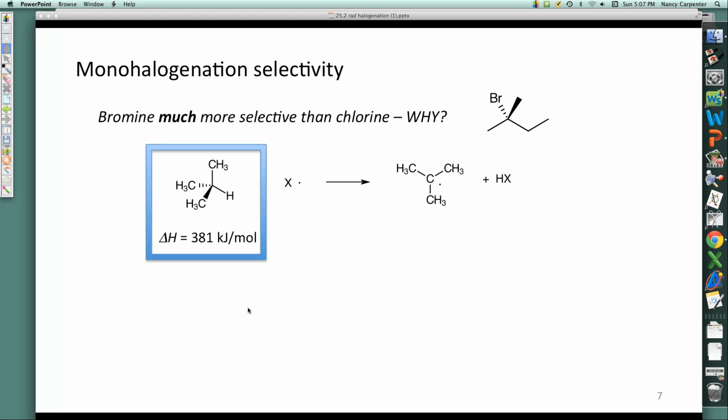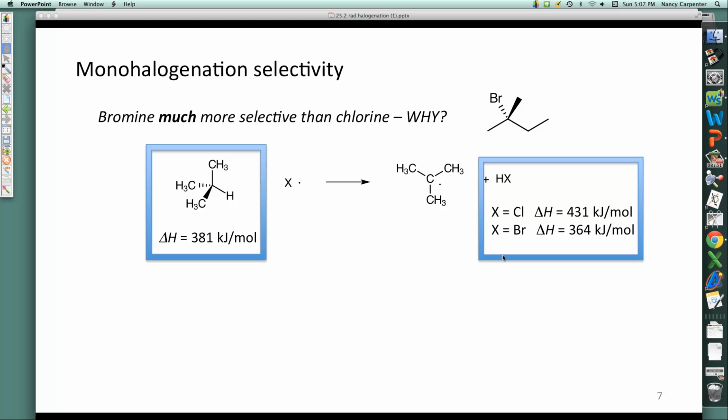So if you look at the heat of formation for 2-methylpropane, you'll see it's 381 kilojoules per mole. And you compare that to the heat of formation of the acid that's formed, HCl or HBr. So what?